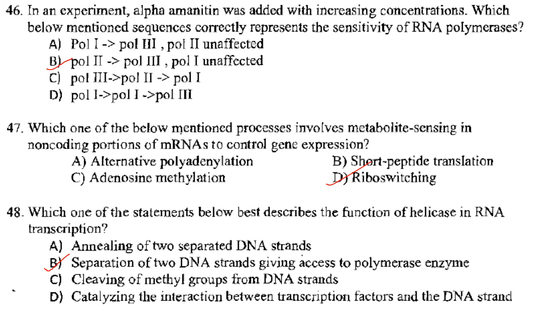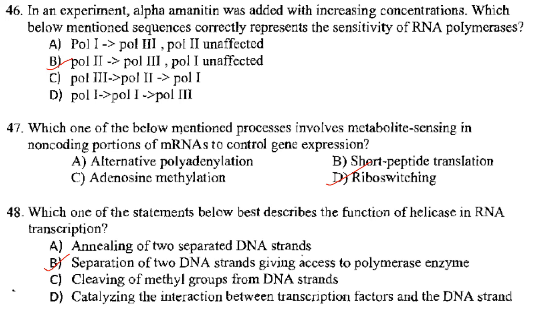The next one. Which one of the below mentioned processes involves metabolite sensing in non-coding portions of mRNA to control gene expression? A riboswitch is a regulatory segment of an mRNA molecule that binds a small molecule, resulting in a change in production of the proteins encoded by the mRNA. That is called a riboswitch.